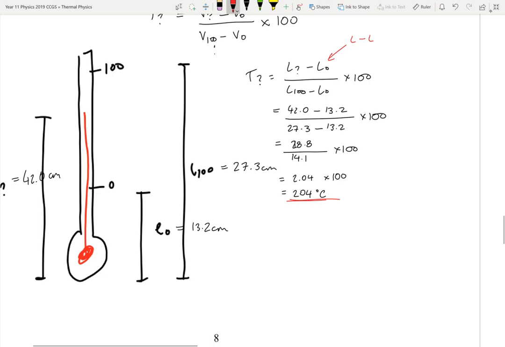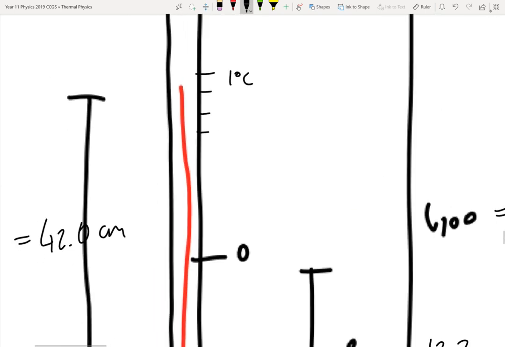Now, here's the thing. I gave you these numbers, but I reckon that we're going up in 1 degree intervals, because remember, when taking measurements of analog scales, you're allowed to estimate 1 order of precision higher. Okay? So this 0.3 would be a guess. If I zoomed in, or this, 42.0, that might be 42, that might be 43, that might be 41, that might be 40.